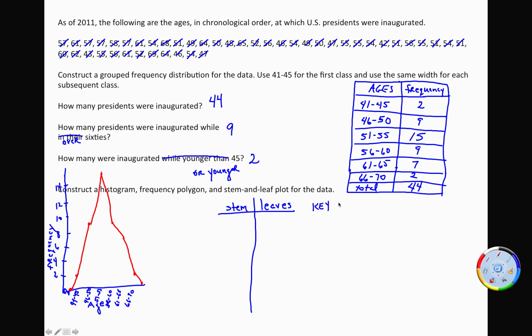So my key, I'm going to say 5/7 equals 57. And then I'm just going to go back up to the data, right? And I know I'm going from 4s through 6 for my stems. 4, 5, 6.